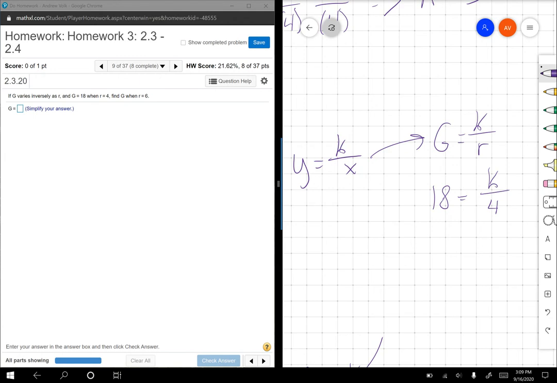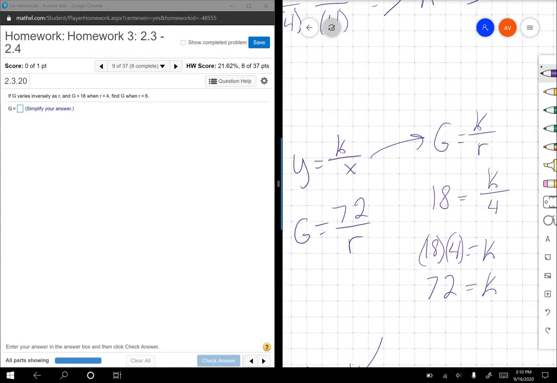If we want to find out what the K is, we're going to multiply those two together, 18 and 4, and we get K equals 18 times 4. That's, I'm going to do some math here, that's 80, no. Somebody better help me out. That's 72. Okay, so we end up with 72 as our K. So we can rewrite our equation as G equals 72 over R.